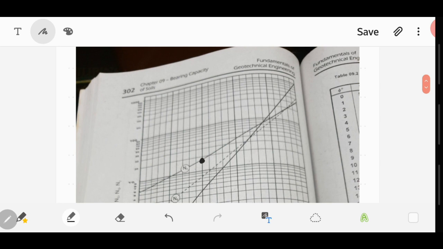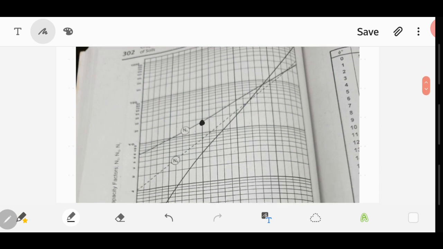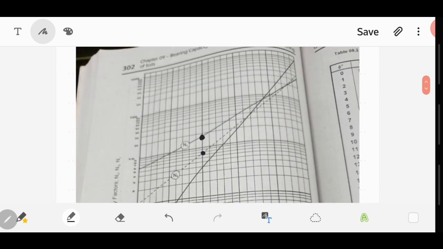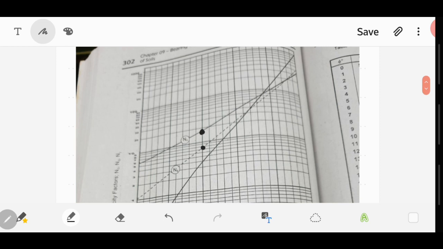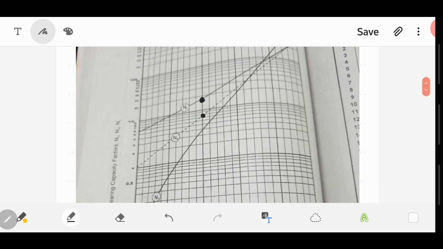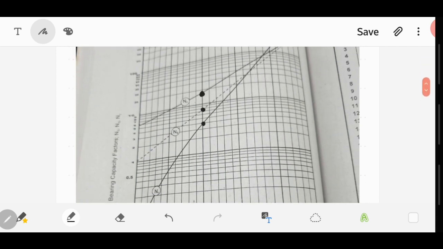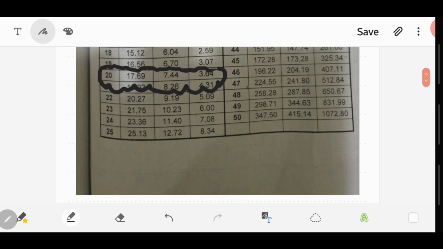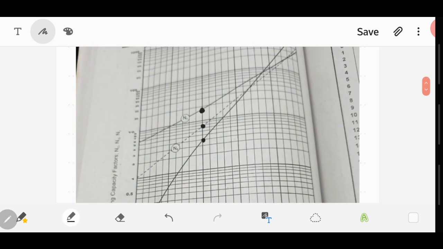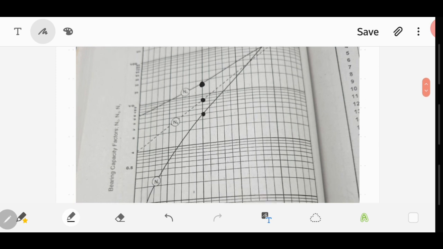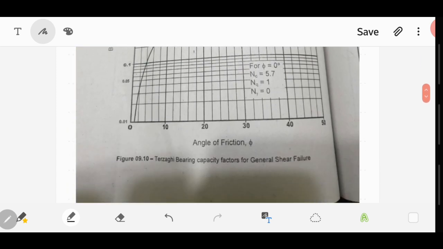So this is 20, that is your Nc. Nq is this one, approximately 7.44, so somewhat in between 7 to 8, and then your N gamma is 3.64, so it's near to 4. So we can compute for q ultimate.